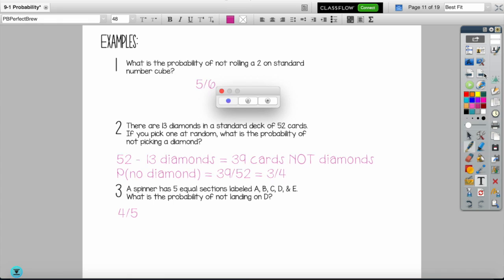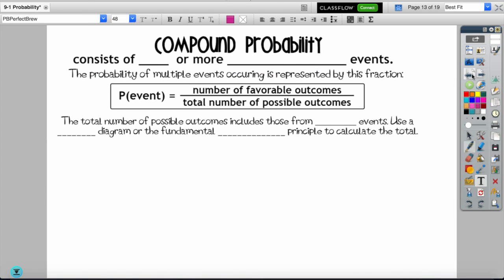So far we've talked about how to find the probability of an event occurring and its complement. Now we're going to look at the probability of combined events, or compound probability. Compound probability is basically a probability that consists of 2 or more simple events.